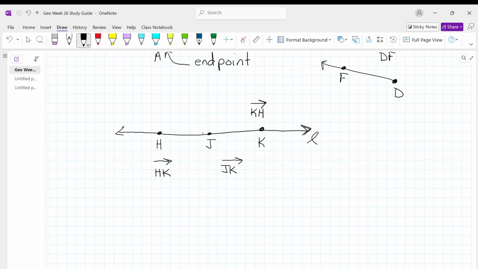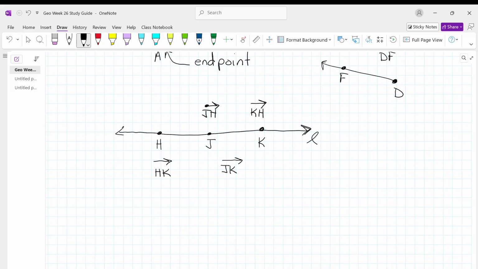There's another ray here that starts at J and goes through H. All right, that would be called ray JH. So there's a bunch of different rays in this line. Just when you're describing a ray, the endpoint is the letter that has to go first in the description.